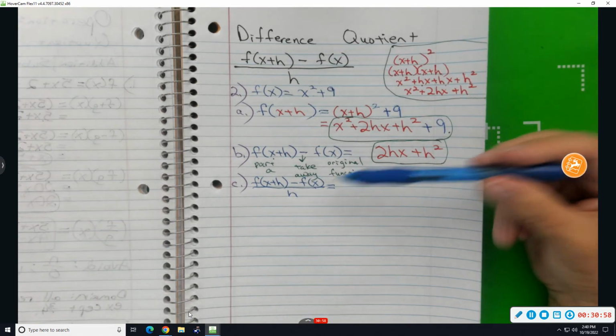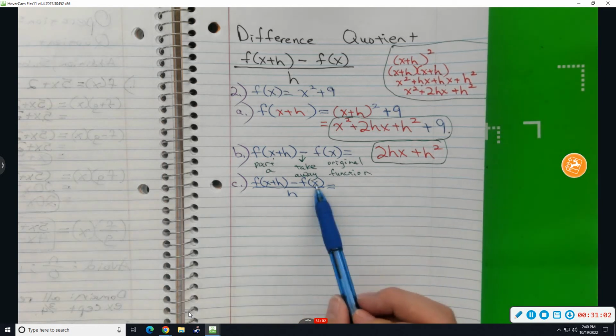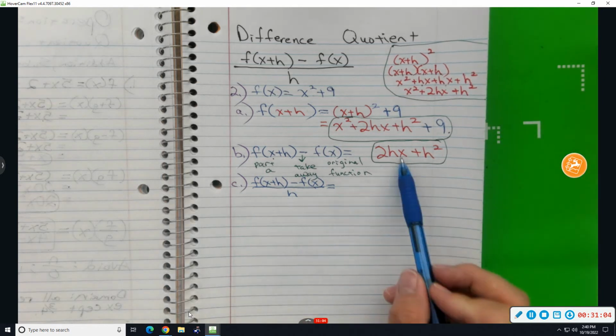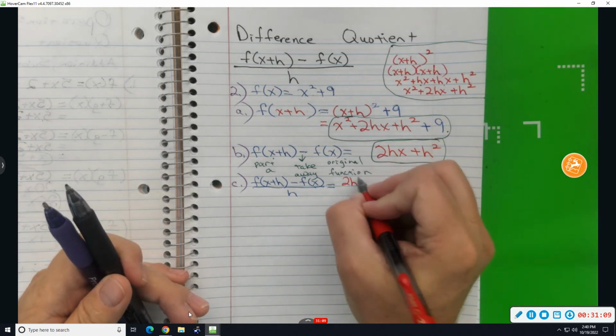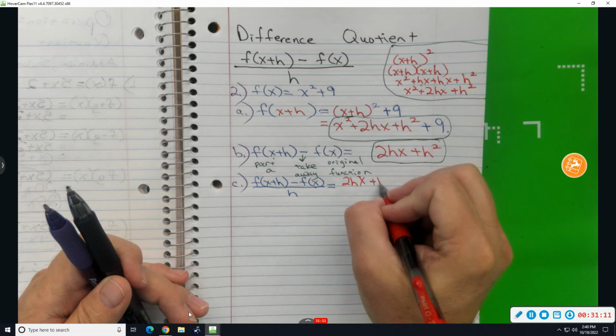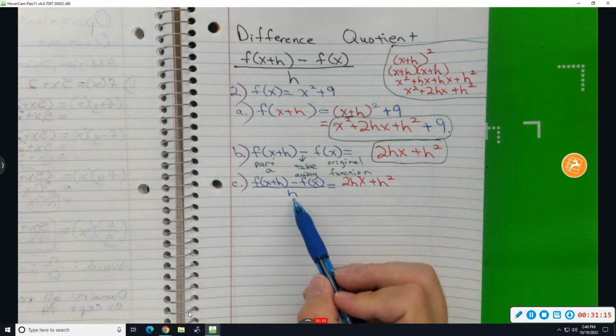To do part C, you use the answer from part B. We know what that numerator is. That's what we just found, 2hx plus h squared. And they want us to divide it by h.